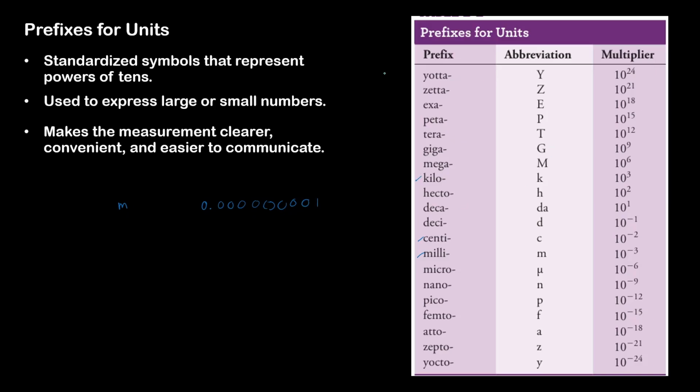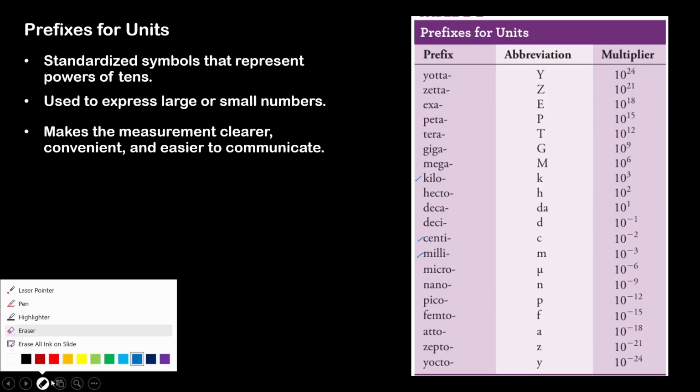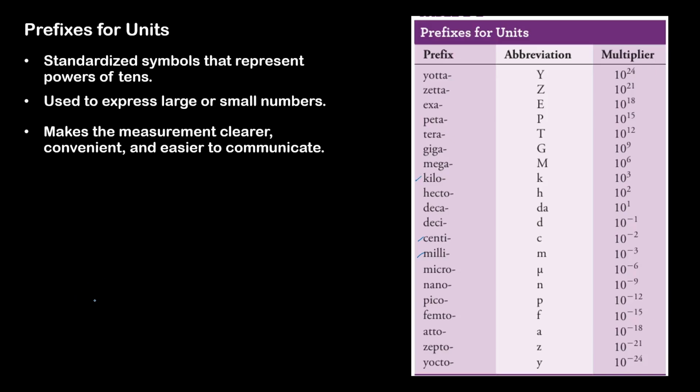So through using the prefixes of units, we can create a simpler way to report such quantities. To solve this, they have created SI prefixes, which represent powers of 10.